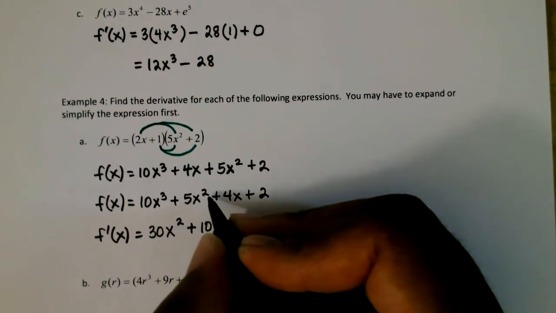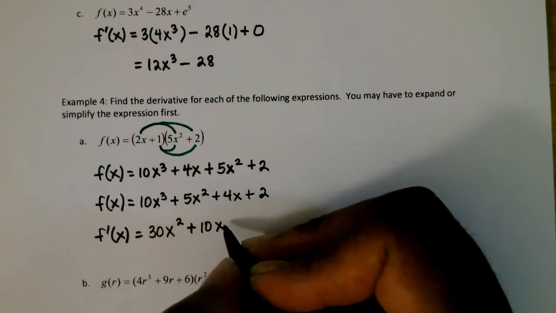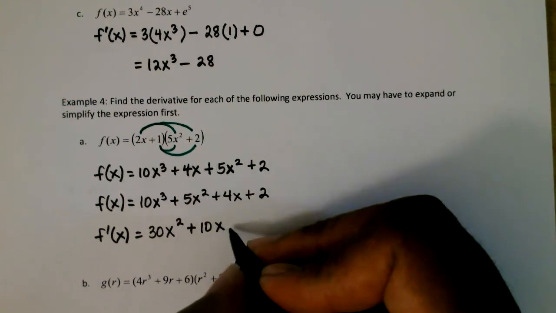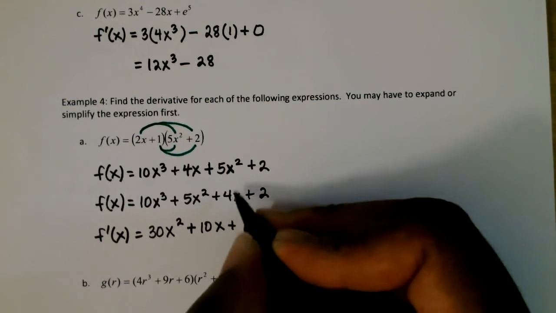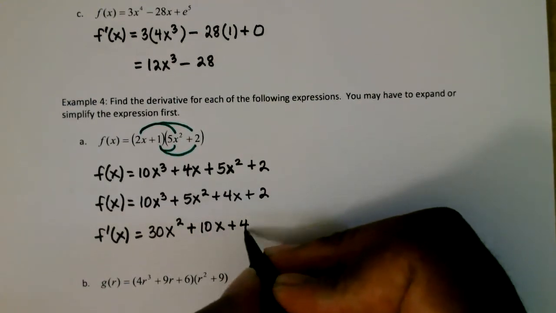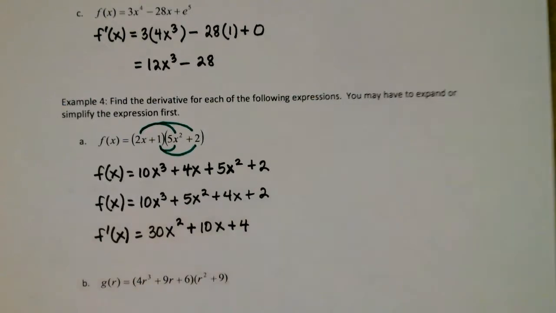And then x to the 1 less power, 2 minus 1 will be 1. So it'll just be 10x. Plus, now the derivative of x is going to be 1 times that 4 would be 4. The derivative of a constant is 0. So f prime of x will end up being 30x squared plus 10x plus 4.